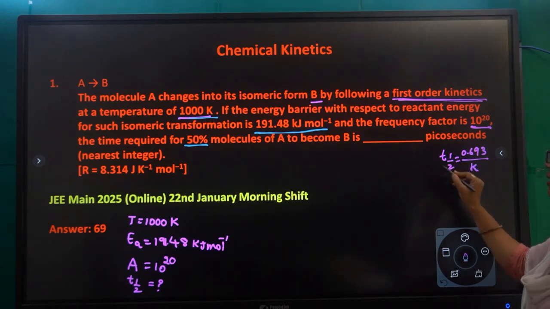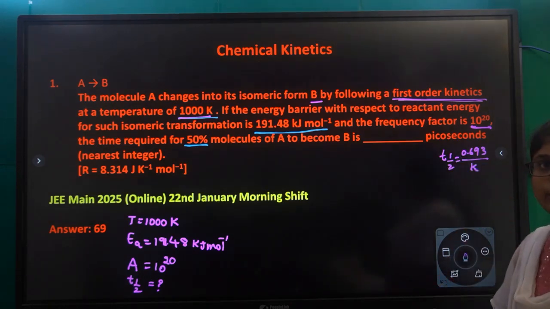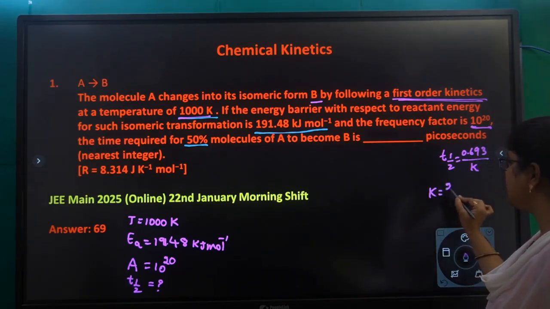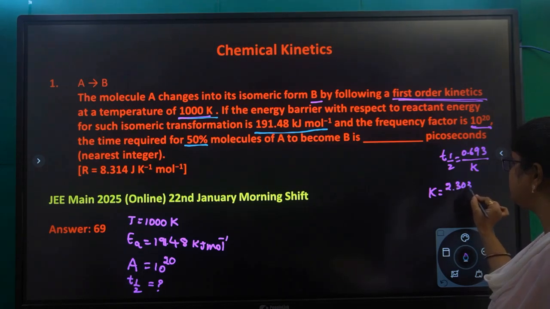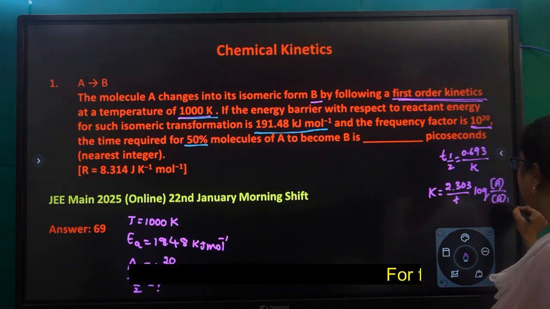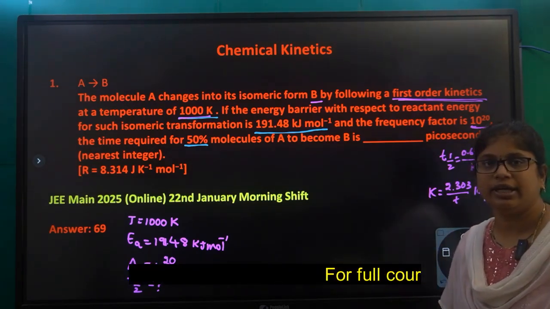So to calculate T half, we must know K. What is K for a first order reaction? K is equal to 2.303 by t log of concentration A naught by A t. But he has not given that information here.